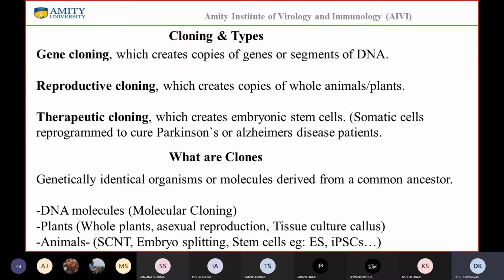somatic cells. You can reprogram them. All your cells, by and large, except your hepatocytes in the liver, are terminally differentiated.